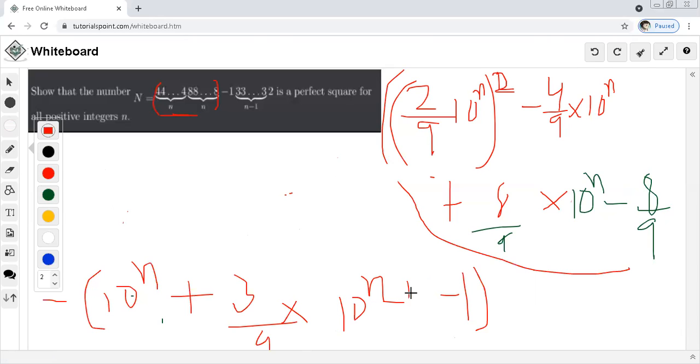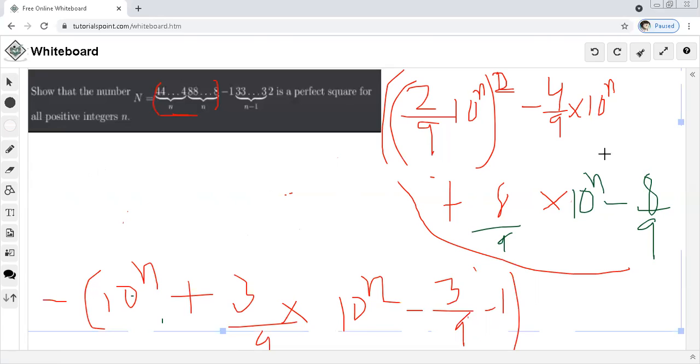Let me expand this. This thing simplifies to 3 by 9 minus 1. So now let's proceed. We have got this thing, we have to subtract. Now let's do the subtraction.